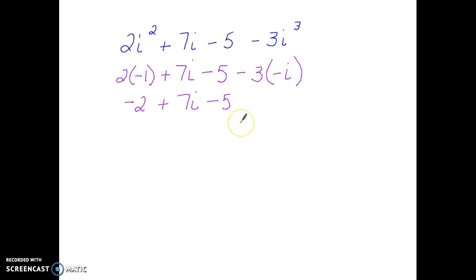My last term would be a negative 3 multiplied to a negative i, so it will become positive. And then last, I'm going to combine my like terms, keeping in mind the correct order. My constant should be first, so I have the negative 2 minus 5, and then I have my 7i plus 3i.